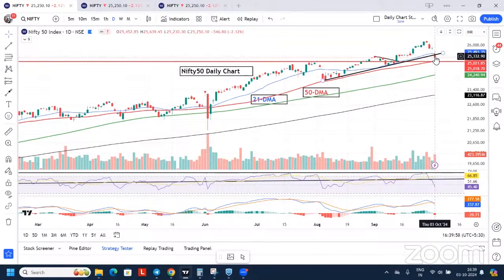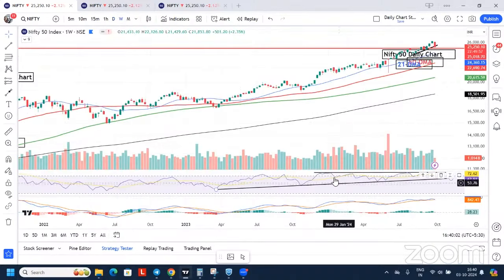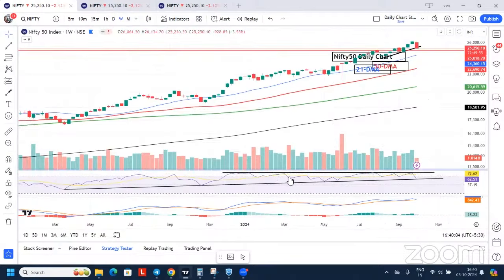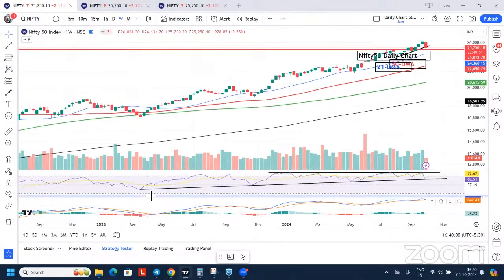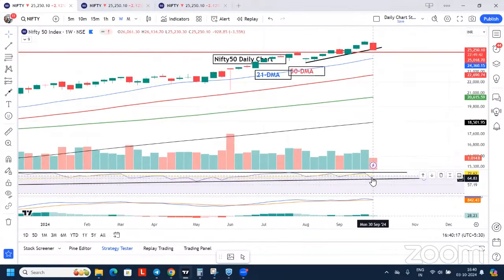Also, if you see the weekly chart on the momentum side, especially since March, the RSI has bounced from that level, and at the current juncture it is nearly trading at that level.